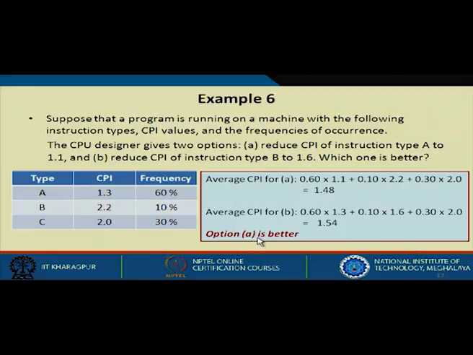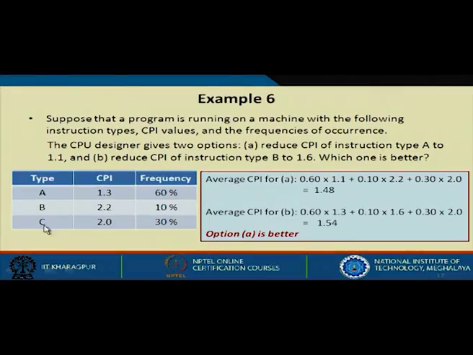But you see what we have done. In option A we have reduced from 1.3 to 1.1. But you see the frequency of this instruction that is getting executed, that is 60%. So, it is much more. So, you must take into account the frequency. Some instructions which are frequently executed, even if you reduce the CPI by a smaller amount, you are using that particular instruction much more.